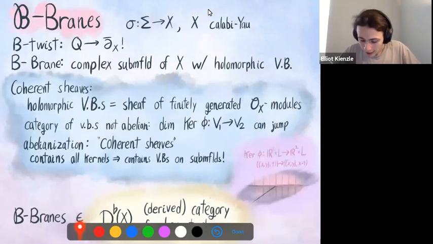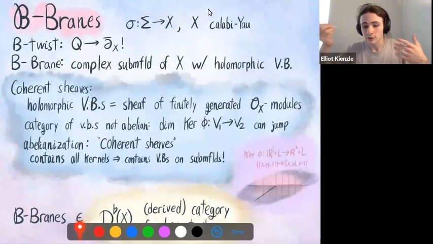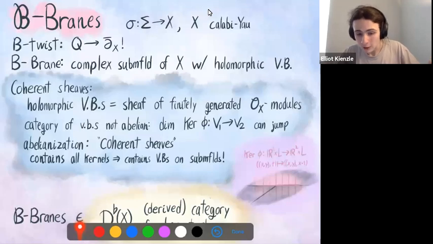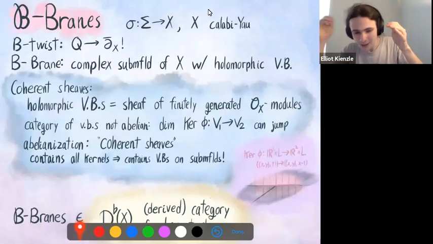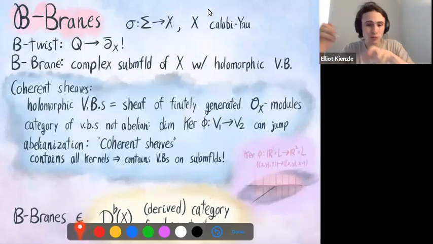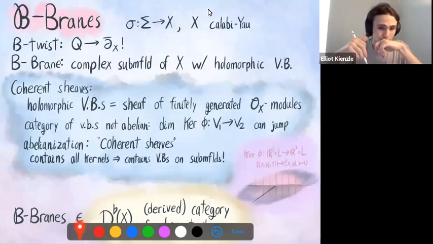So instead of getting a vector bundle over the whole surface, the kernel of this gives us a vector bundle over a submanifold. And this is really easy to generalize to basically any variety defined by the zero set of some function. If we just multiply by that function, that gives us a map between a vector bundle and itself, and the kernel of that map is the restriction of the vector bundle to that submanifold.